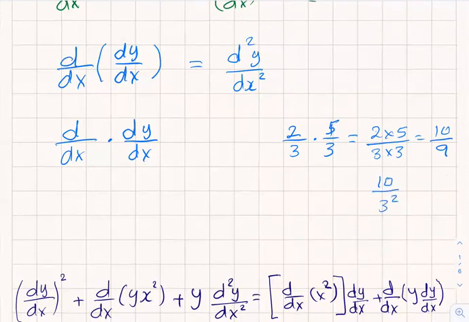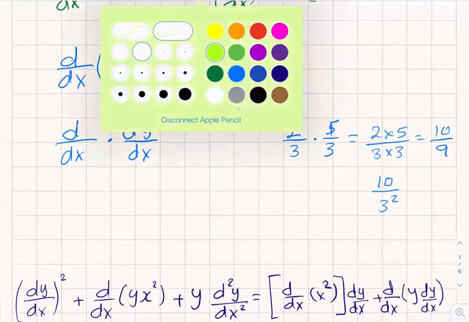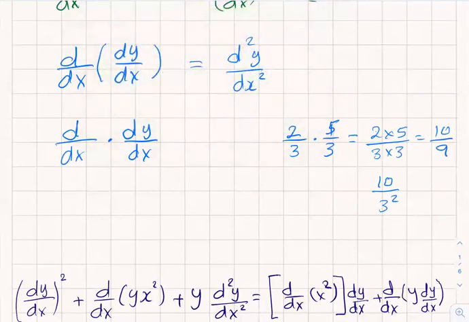You can deal with it this way if that makes it easy for you to understand. It's like multiplying the d by the d, which gives d squared, so this equals d squared y over dx multiplied by another dx, which is dx squared.